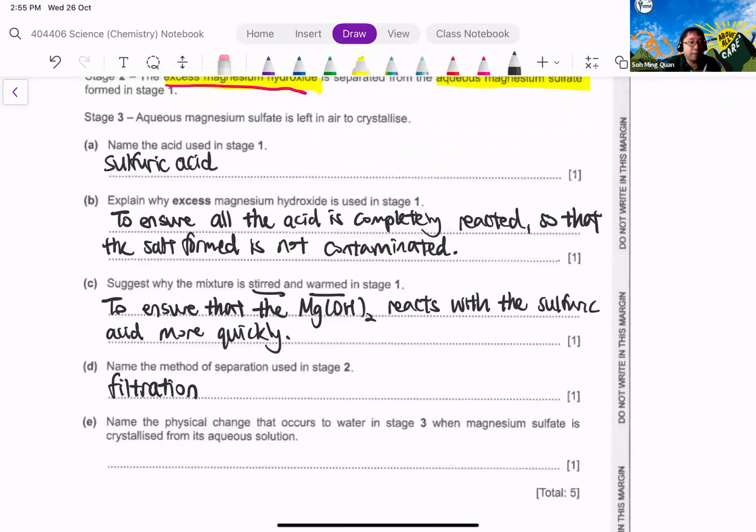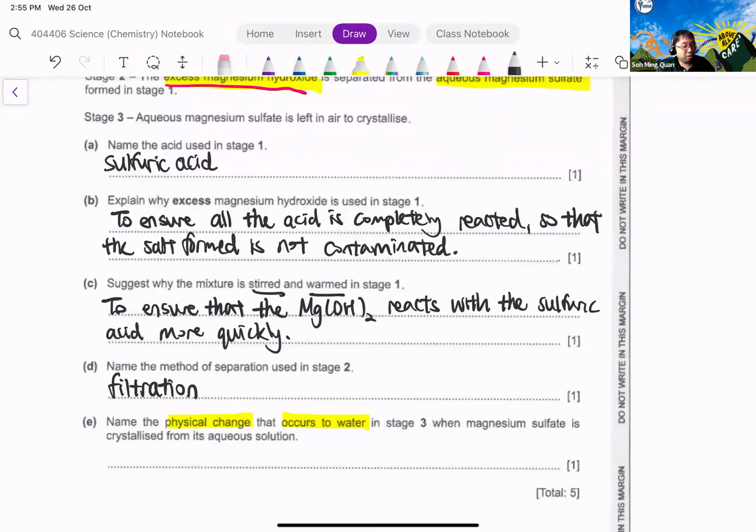Finally, let's go to stage 3. Aqueous magnesium sulfate is left to crystallize. Name the physical change that occurs to water. Many students just memorize crystallization, but is that the answer? Read the question carefully. You are asked to name the physical change that occurs to water. The water doesn't crystallize. The magnesium sulfate crystallizes. So what happens to water?